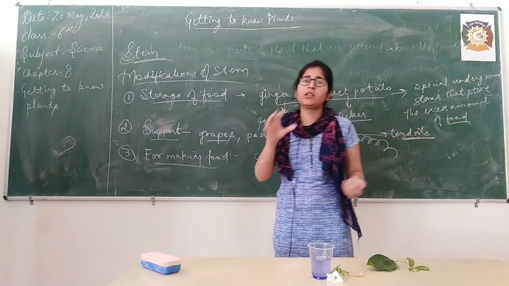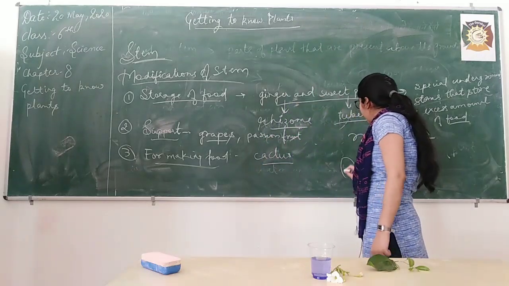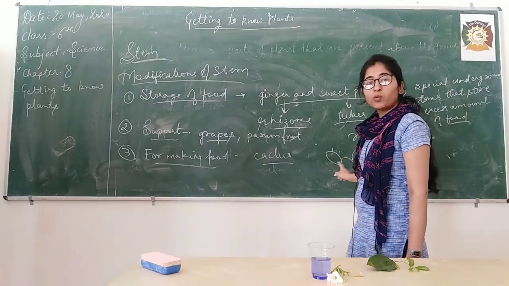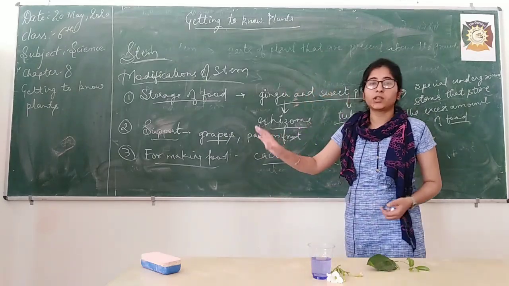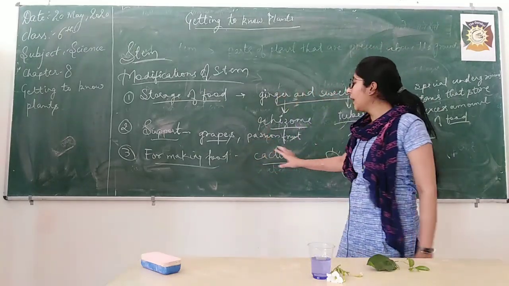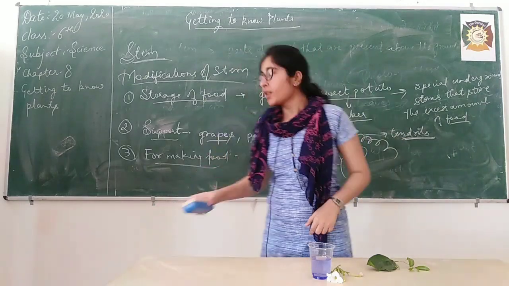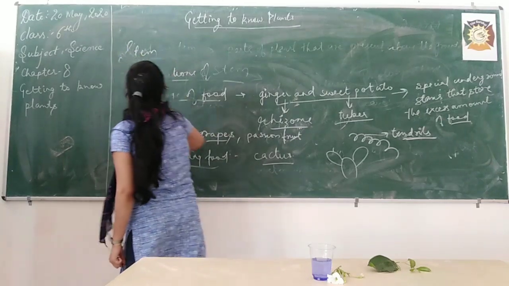If you have not seen a real cactus, you have seen pictures of cactus. It has these fleshy stems like this, right? So what do these stems do? These stems prepare food for the plant. So this is the additional function that the stem is doing. It prepares food for the whole plant, right? So we are done with this modification of stem.